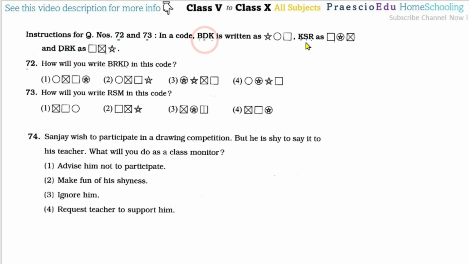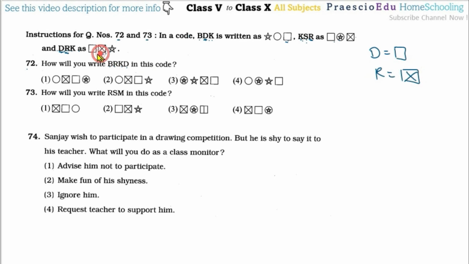So we will compare these. Here the common letter is D, and the common symbol in these is the square. So D is equal to square. Then in these two, the common letter is R, and the common symbol is the square with a cross inside. So R is equal to this one.